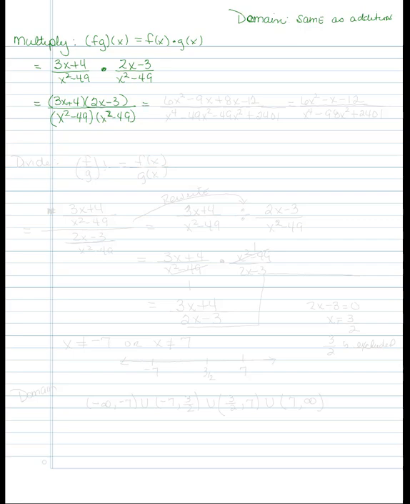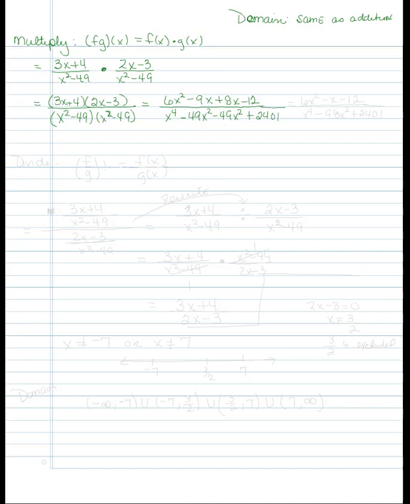So, we're going to FOIL the numerator. You have here 6x squared minus 9x plus 8x minus 12. And then our denominator, we're going to have here x to the 4th minus 49x squared minus 49x squared plus 2,401.